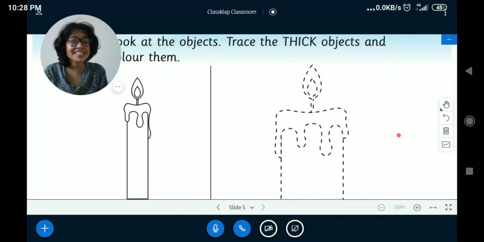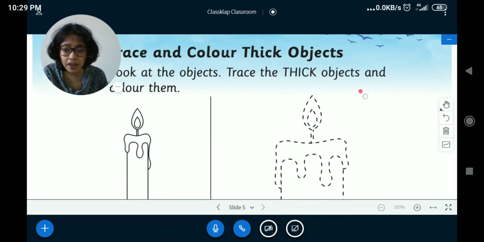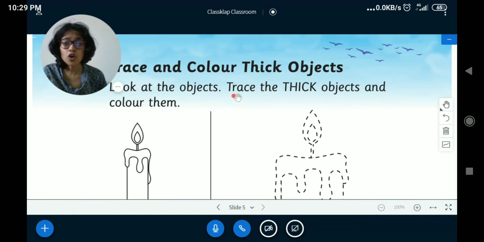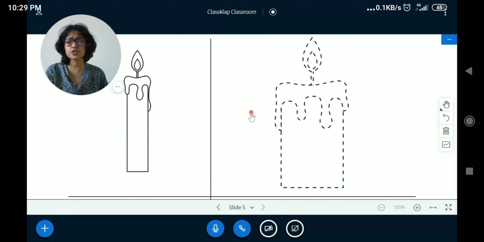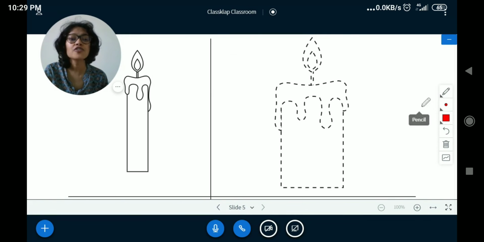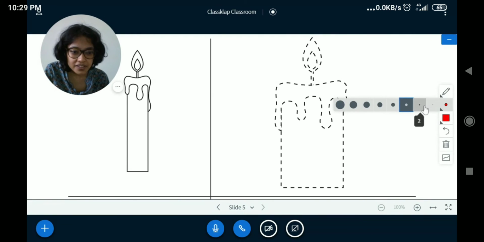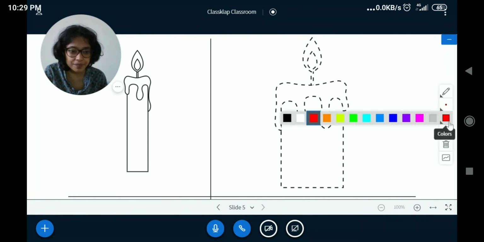Let's do another exercise. What do we have here? We have to trace the thick objects. Come, let's see. Which one is the thick object? What are these? These are two candles. Which is the thick candle? Is this the thick candle? No. Is this the thick candle? Yes. So we have to trace it. Here I have.